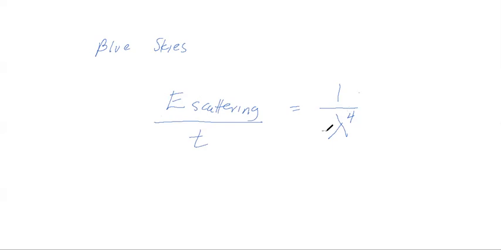So our shorter wavelengths are scattered much more than our longer wavelengths, like red. Red is a longer wavelength than blue, right? As the denominator of a fraction gets smaller, I'm sorry, then the entire value gets larger. So the shorter wavelengths like blue are scattered much more than the red.